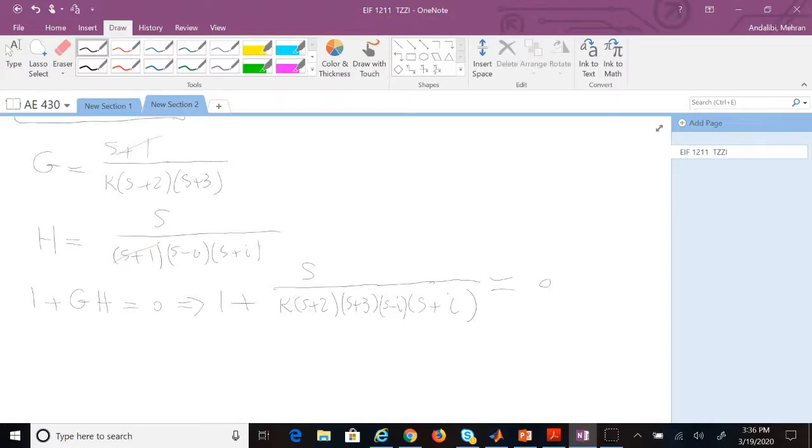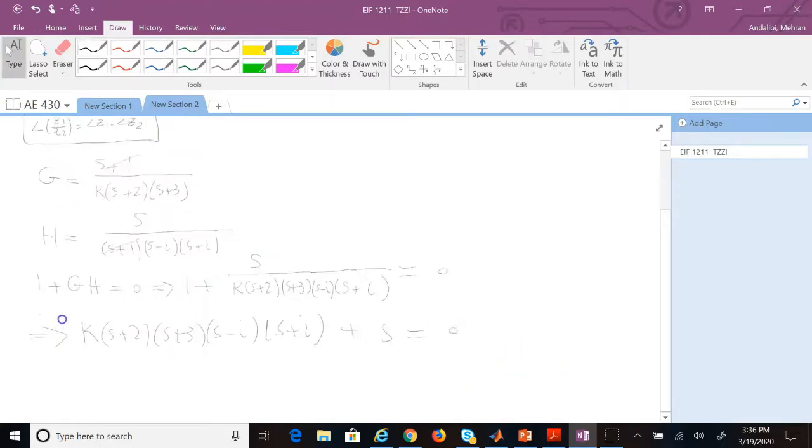So now if you look here, this is not the form that we wanted because K is in the denominator. So what do we do? Well, we take a common denominator and cross multiply. If we do that, you're going to get K times (s plus 2) times (s plus 3) times (s minus i) times (s plus i) plus s should be equal to 0, right?